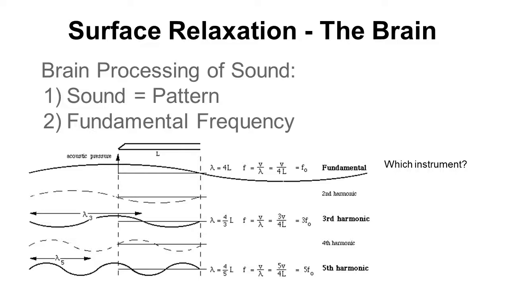So, first of all, sounds are fundamentally patterns. What our auditory system is actually doing is processing and recognizing patterns. Now, there is no such thing as a pure wave.